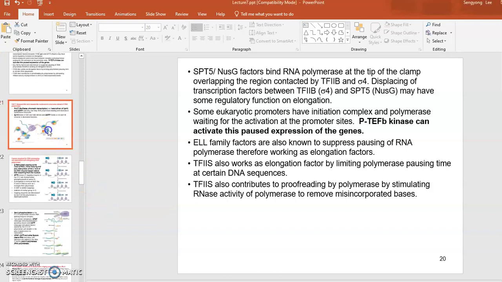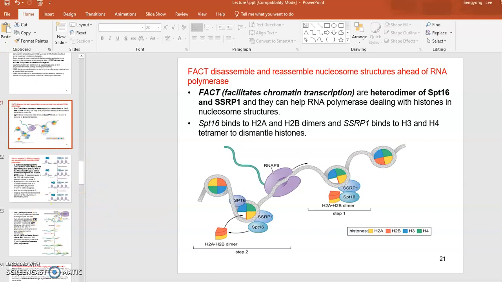Okay, and then FACT, which stands for facilitates chromatin transcription, is involved in reassembly of nucleosome structure ahead of RNA polymerase. So what it means is, the histone octamer structure. So the histone octamer wraps around DNA, the helical structure, and then they make nucleosome, right?